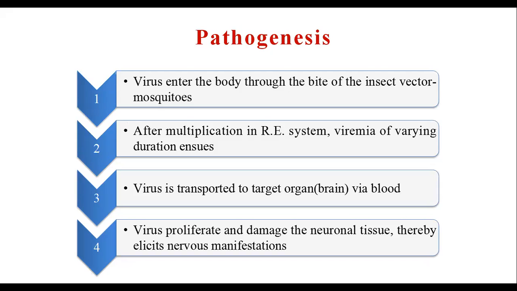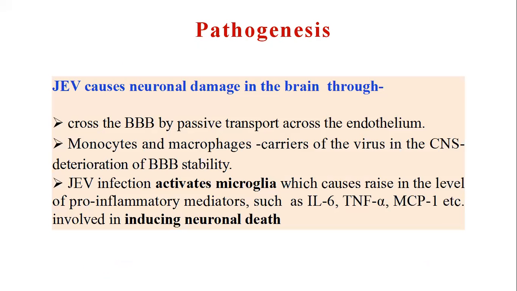So pathogenesis means Japanese encephalitis virus infection causes neuronal damage in the brain through crossing the blood-brain barrier by passive transport across the endothelium, and monocytes and macrophages act as carriers of the virus into the central nervous system, with deterioration of blood-brain barrier stability.